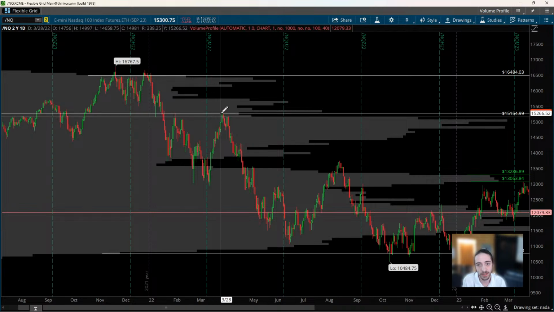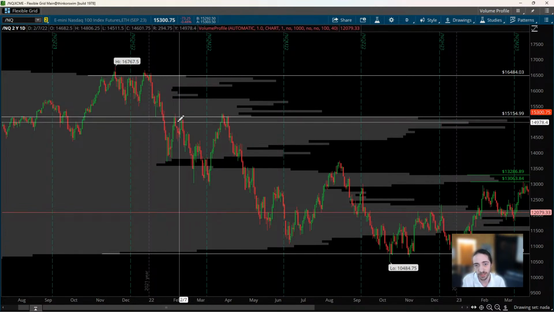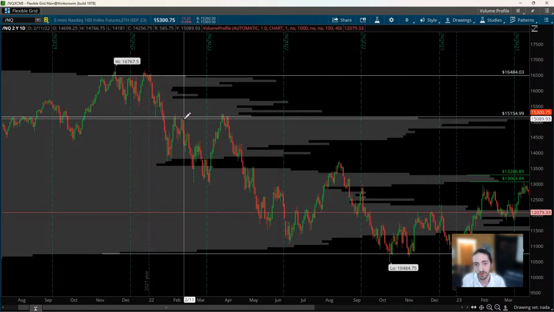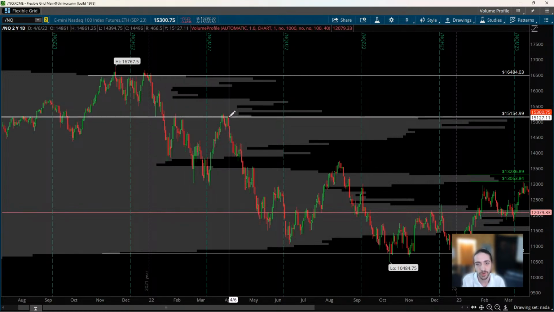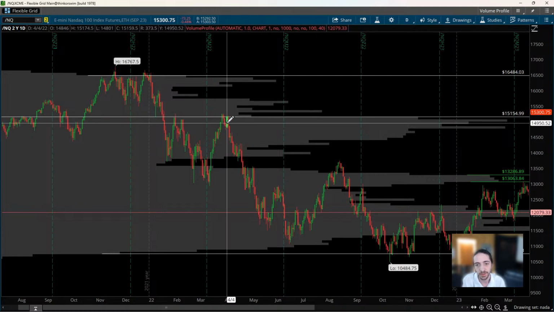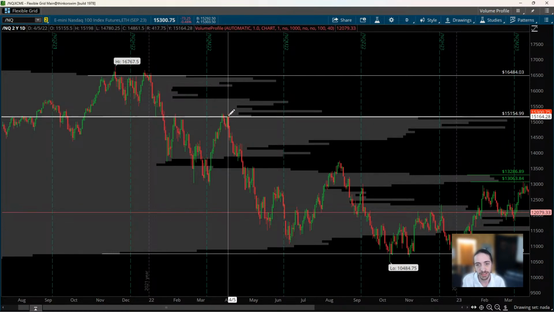So this is another example of getting in at the higher low off of that key level with the volume profile. Then we have the same exact example right here. We made a higher high based off of these highs, but then we created a higher low based off of this high. So we rejected this, we retested.